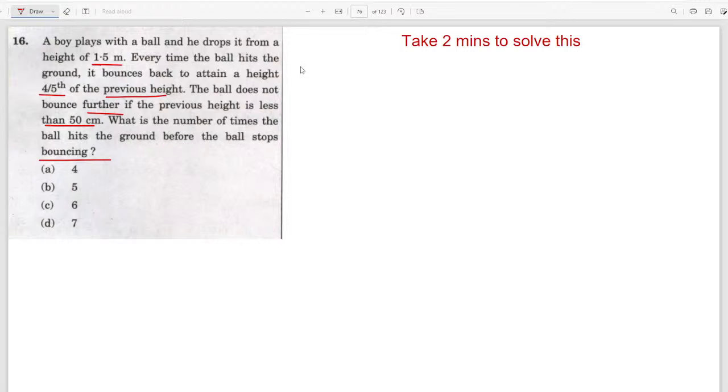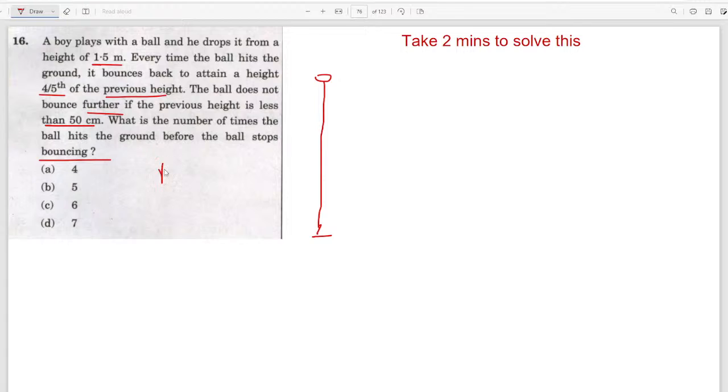They are saying that there is a ball, and this ball bounces on the floor, and every time it bounces back to 4/5 of the earlier height, until the previous height is less than 50 centimeters.